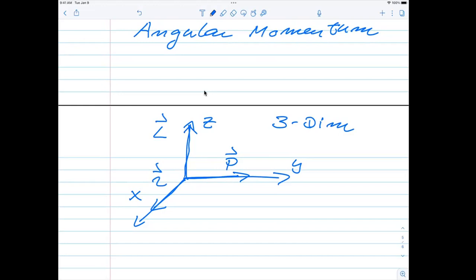And if this angular momentum changes with time, that means its time derivative is non-zero, then we are going to have a torque, which is perpendicular to the plane which is spanned by r and p. So the angular momentum is defined with the letter L as r times p. This is just a cross product.